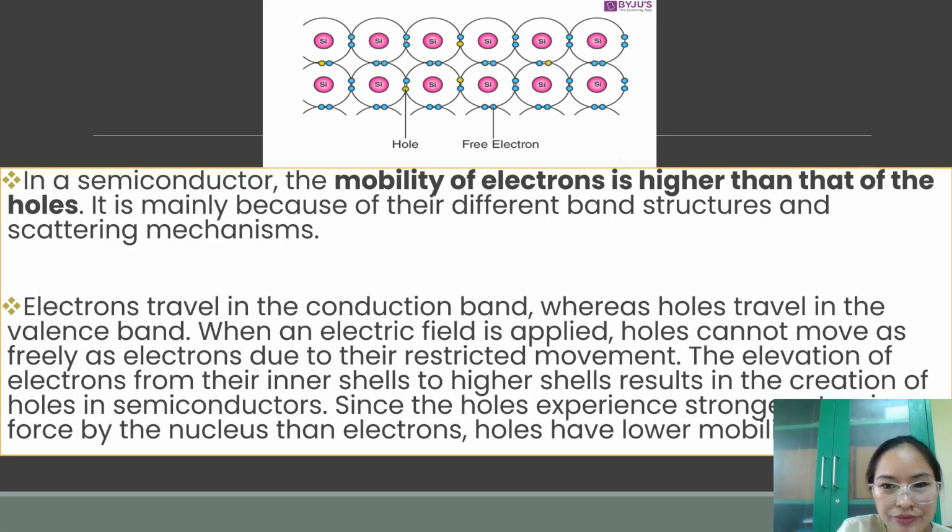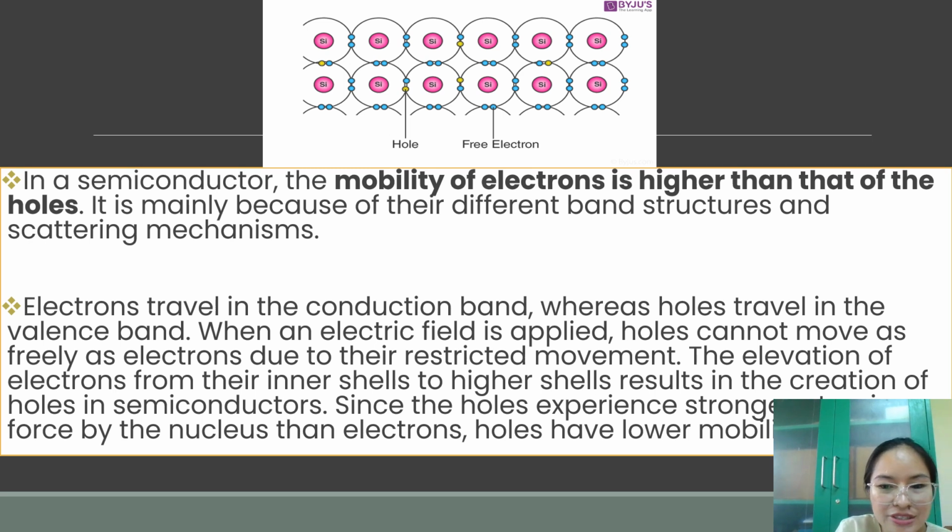So the mobility of electrons, the negatively charged, is higher than that of the holes, which are the positively charged, because of their different bond structures and scattering mechanisms. The electrons travel in the conduction band, whereas holes travel in the valence band.